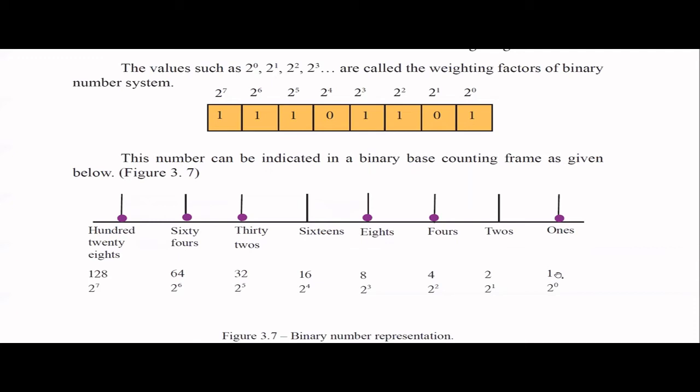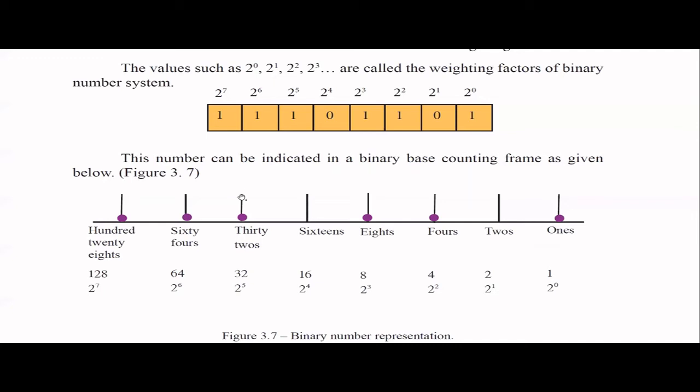That is 1. There's nothing here, so you don't have to worry. But this column represents the number 2, so 2 into 0 is 0. Here this column represents 4, so 1 into 4 is 4. Here it represents 8s, and if you have one ball, it means 1 into 8, so 8. Here nothing is there, so actually 0 into 16.